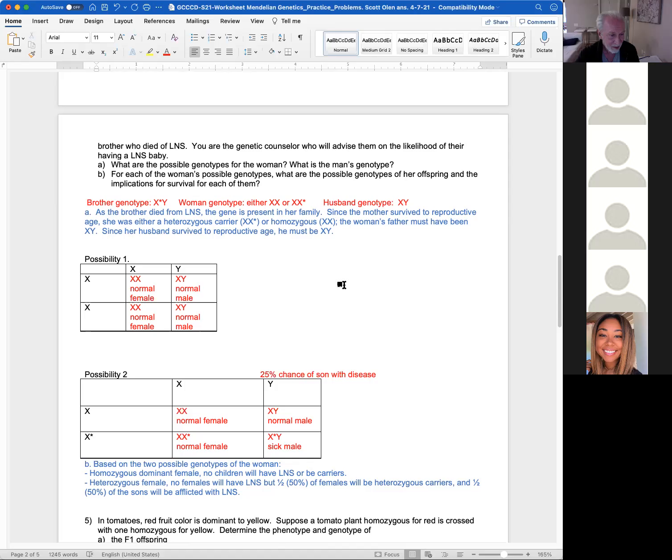So if they have a female, there's no chance that she has it, but if she has a male, it's only 1/4, no chance. Yeah, that's right. Punnett square number 2 shows that females would not be sick, but half the males would. The chances are that they would be. These are all probabilities.